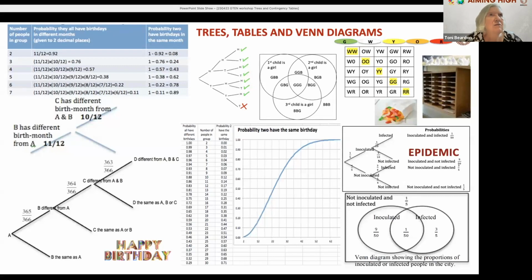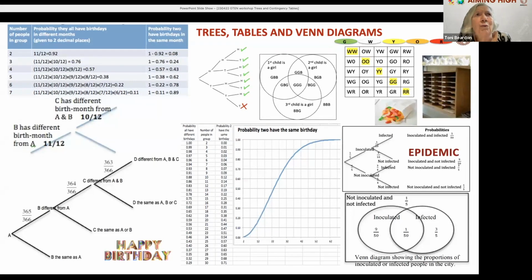We could have done this same calculation using the denominator 365 all the time, but I chose to use 366, and you get nearly the same answers anyway.